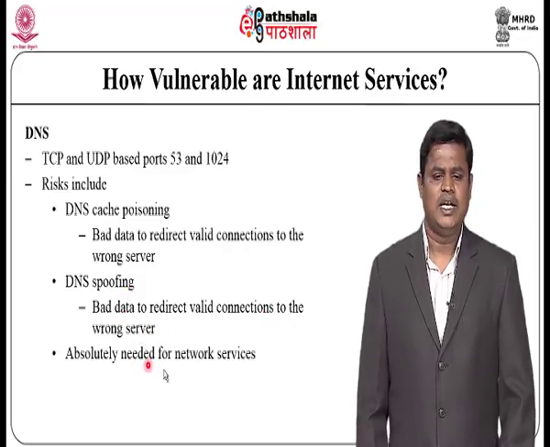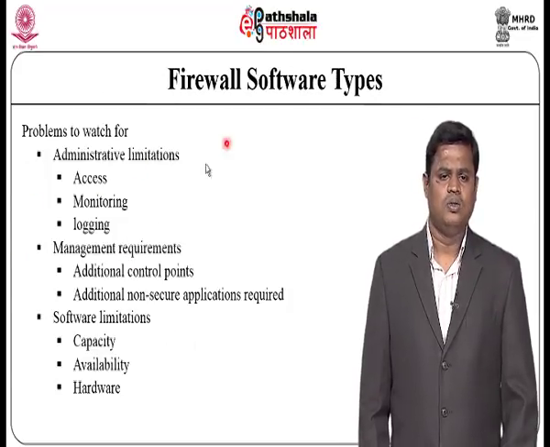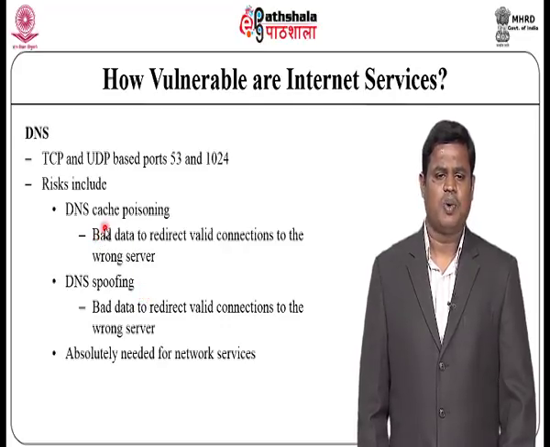So, it is absolutely needed for network services. So, how am I going to provide security even though I have algorithms like symmetric cryptography and asymmetric cryptography and also hashing techniques? Still it is not possible to provide protection against cache poisoning or spoofing kinds of attacks.